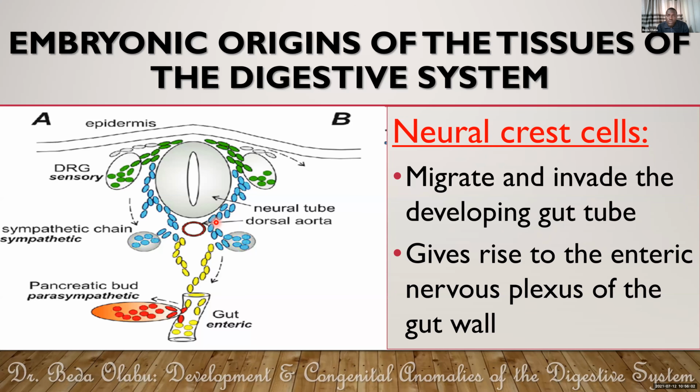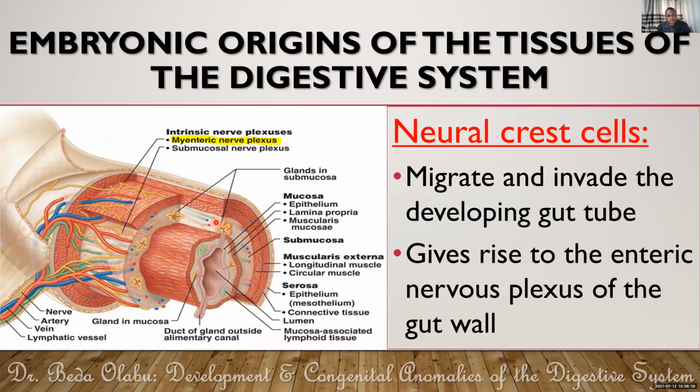And that we have two components of the enteric nervous system, the myenteric plexus of nerves and the submucosal plexus of nerves. Both of them arise from the neural crest cells. You remember that the myenteric plexus is within the muscular wall, and that will control peristalsis. The submucosal plexus is within the submucosa, as the name suggests, and that would control secretions.